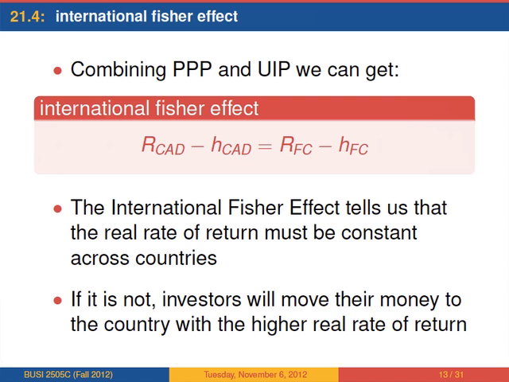The better way to say that is the real rate of return between 2 countries must be equal. And if it wasn't, then people would be doing covered interest rate arbitrage between the exchange rates to bring these things back into play.